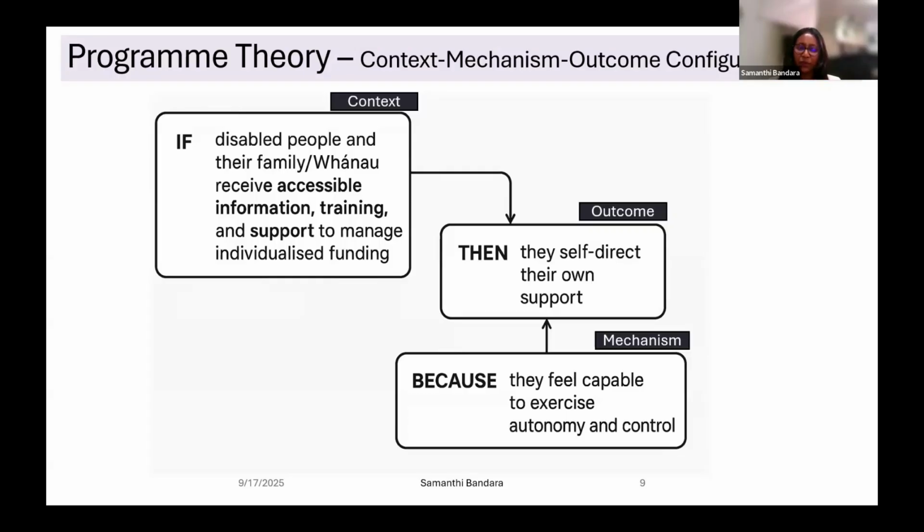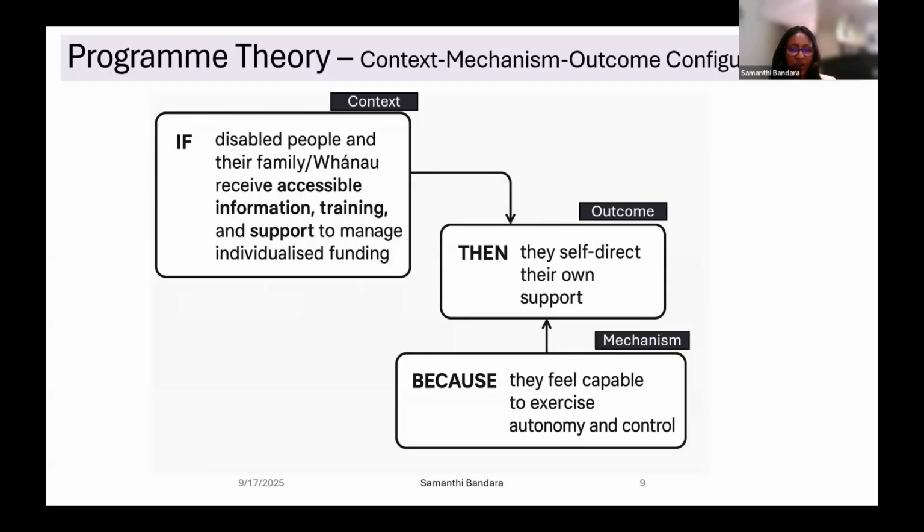Here, the program theory can be elaborated in different ways. You can use a schematic diagram, or you can just use descriptive, layman language. So I use an if, then, because proposition. I'm reading: if disabled people and their family, Vano, are provided with accessible information, training, and support to manage individualized funding, that is called context. Then they are more likely to self-direct their own support arrangement.